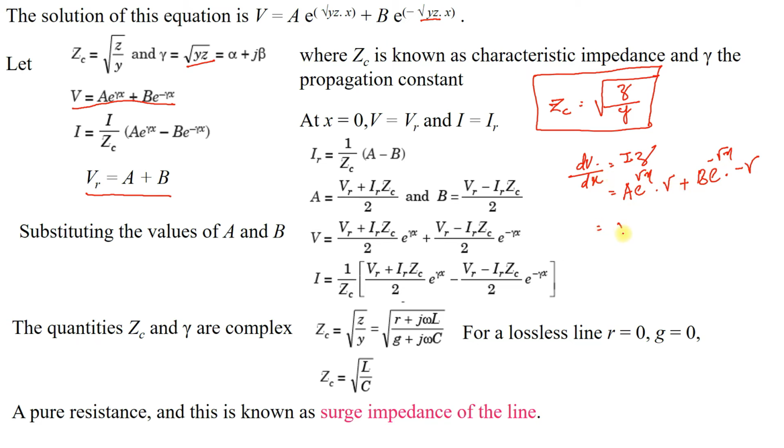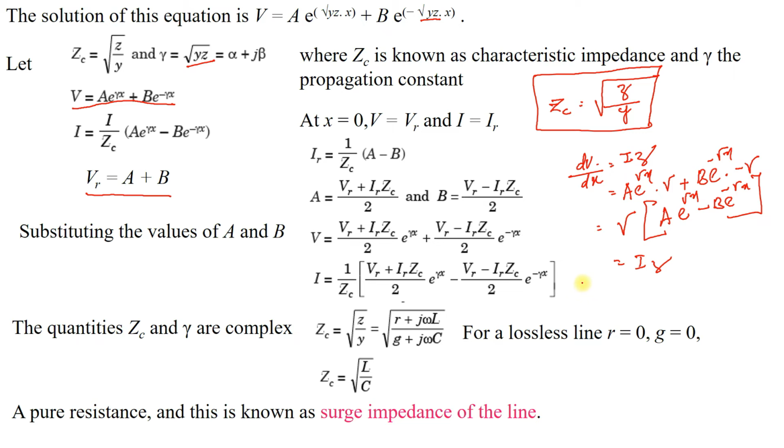So you can take gamma outside and you have A e raised to gamma x minus B e raised to minus gamma x, and that is equal to IZ, that is I into Z. So I will be equal to 1 by Z into gamma into dV by dx.